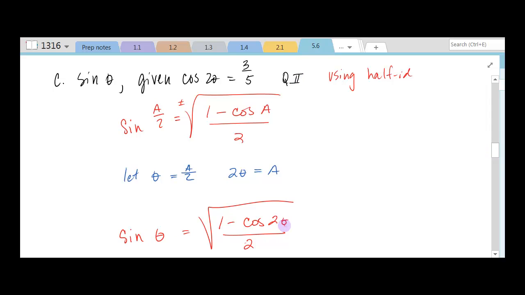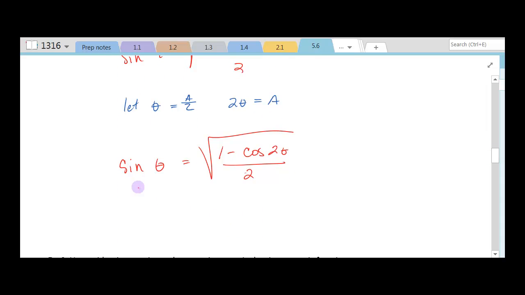Now that I have rewritten this in a form that's useful for this problem, I can replace the cosine of 2 theta with 3/5. So sine of theta is equal to the square root of 1 minus 3/5, divided by 2.